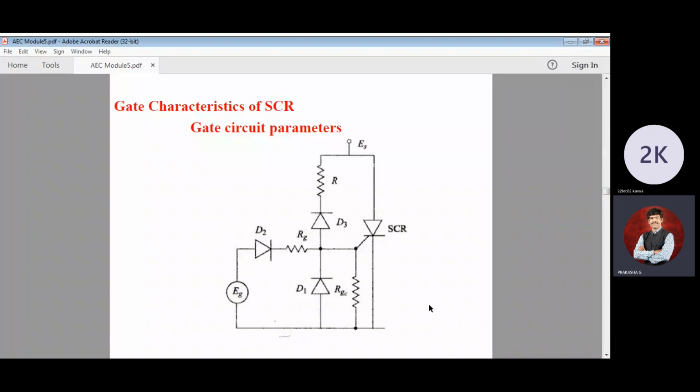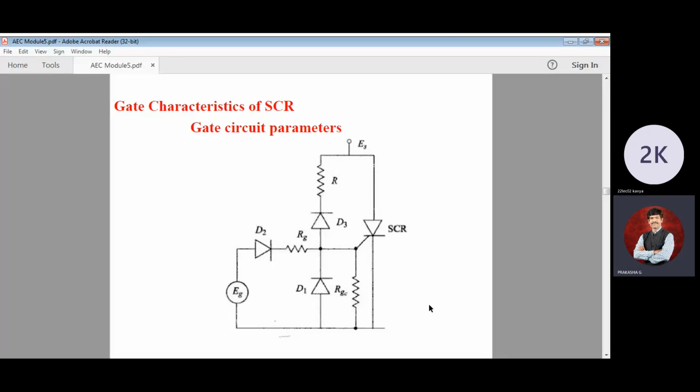Anode, cathode, I am going to give a source voltage, that is ES. I am giving the gate current, that is IG, which is coming here through a combination of three diodes called D1, D2, D3.